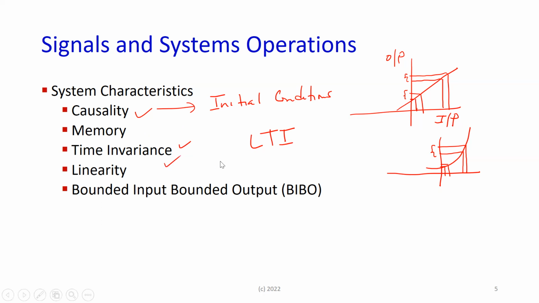The memory, of course, ties back to the initial conditions. If the system has a memory or is not causal, we need to know what the initial conditions are. And on top of all of that, we need to know the limits of the inputs and outputs. All right. And those 6 lectures concluded our look at signals and the characteristics that we'll expect. We use these terms going forward all the way. All right.